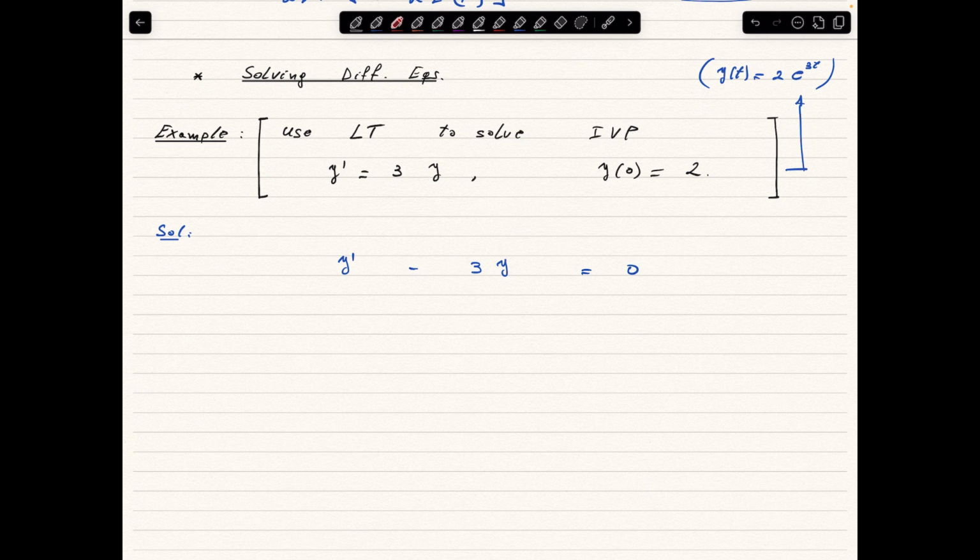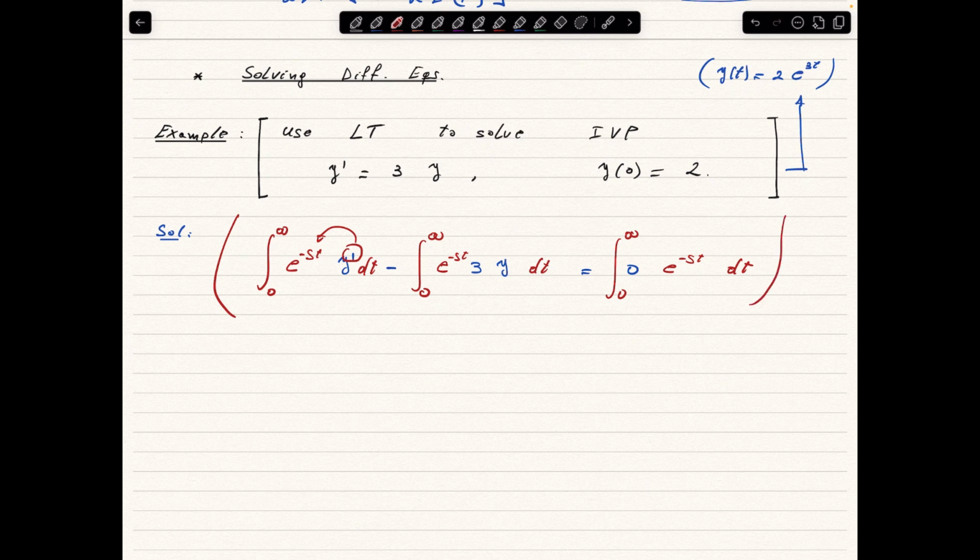Then we wanted to multiply the whole equation by exponential negative st, and also on the other side exponential negative st, and then we integrate in time between 0 and infinity, and then we use integration by parts to move that derivative to the other side. That was the whole idea.